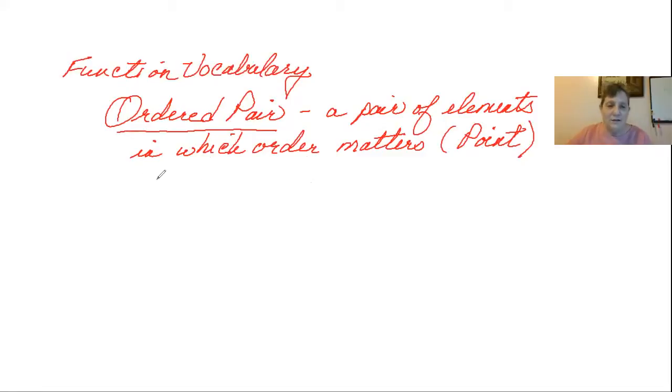Order matters. For instance, if we have Sue and Rabbit, Sue has to be the first element and Rabbit has to be the second. Rabbit, Sue would be considered a completely different ordered pair.